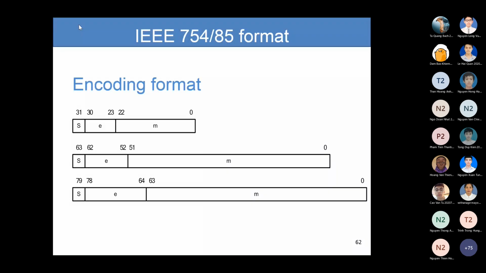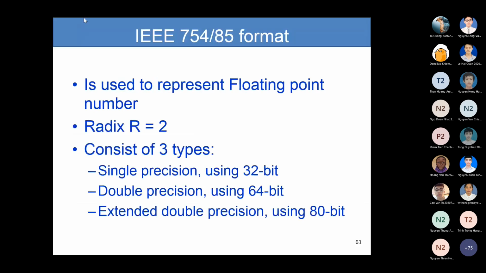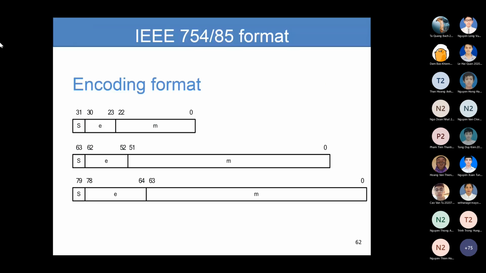Because we already know the radix equals 2, fixed, we need only two pieces of information, that is exponent and mantissa. So for the single precision, we need 8 bits from bit number 30 to bit number 23 to represent the exponent, and we have 23 bits from 0 until 22 to represent the mantissa.